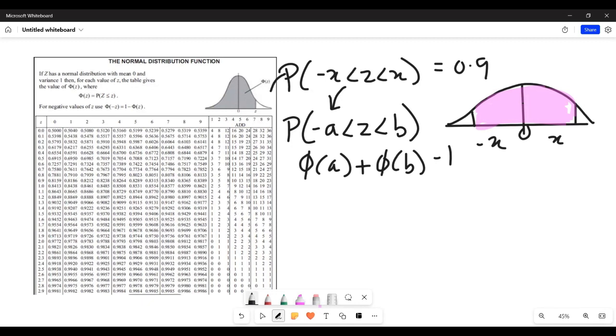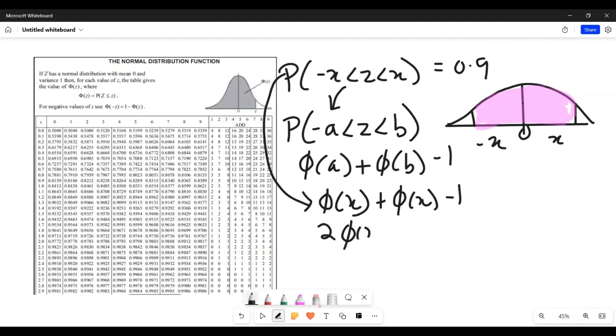So in this case, it's going to be phi x plus again phi x minus 1. It's going to be 2 phi x minus 1 equals 0.9. So then phi x is equal to 1.9 divided by 2, which is 0.95.